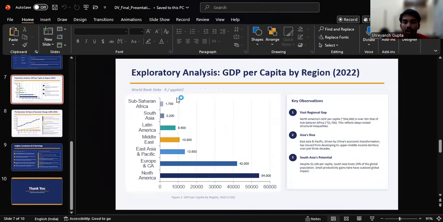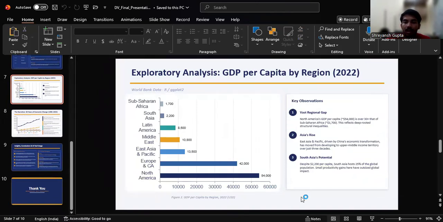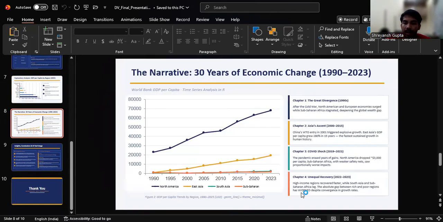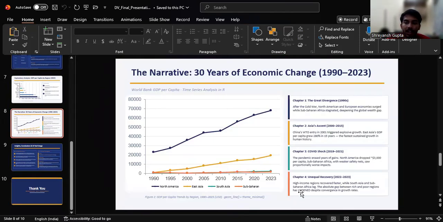So why is it so? For that we will see the slide that represents the time series analysis from 1990 to 2023, and from the analysis, several important insights come out. The first one is the wealth gap between rich and poor regions, such as North America and the Sub-Saharan region. The COVID period also exposed structural economic inequality.